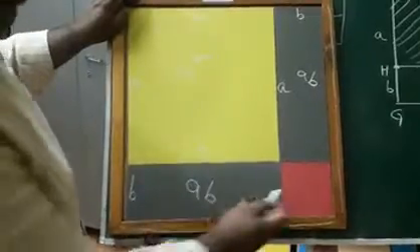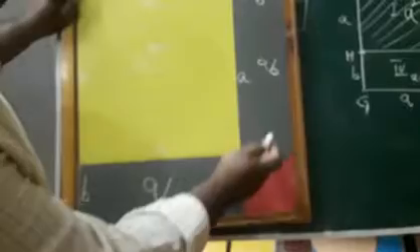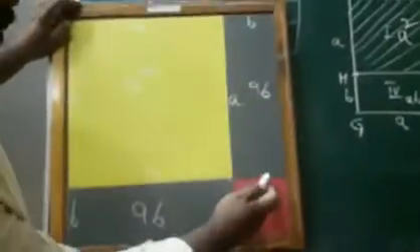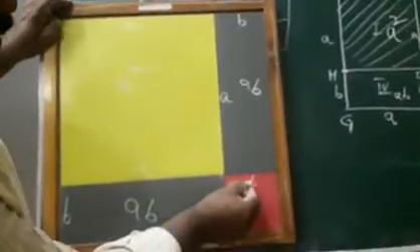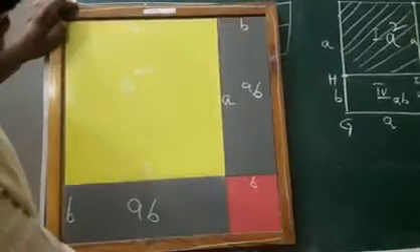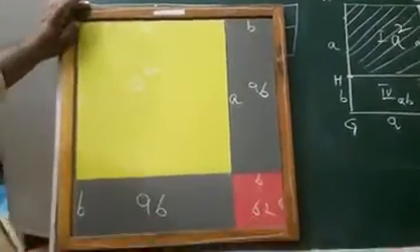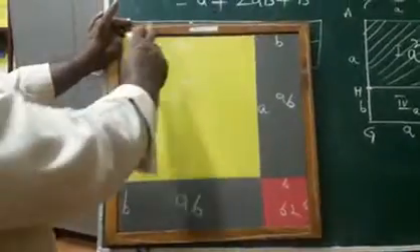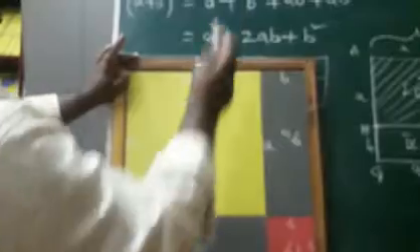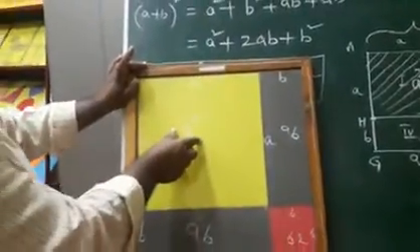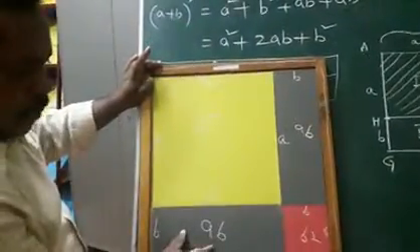Okay, this one is the pink color square piece. This distance is B, this is also B. This is B means it is a square shape, that's why all sides are equal in a square. Therefore B into B is equal to B square. Therefore this total area of square is equal to A plus B whole square and A square plus AB plus B square.